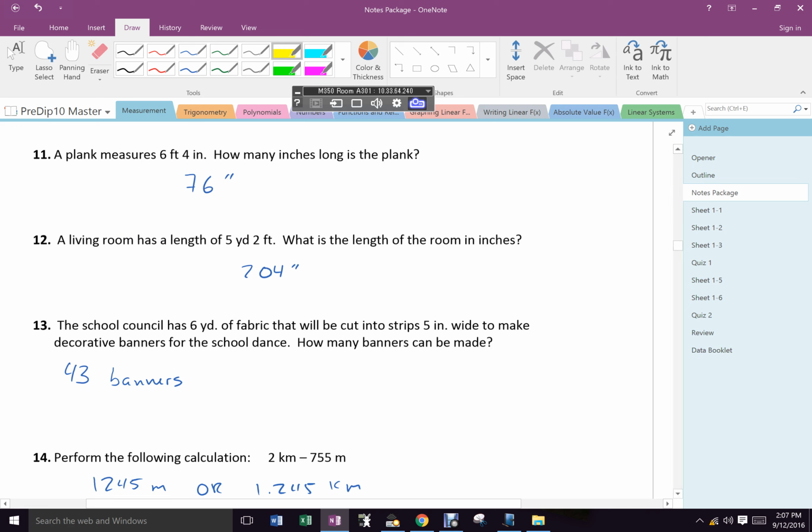What makes 13 hard? You've got yards and inches. So you've got to make sure both units are the same before you continue.